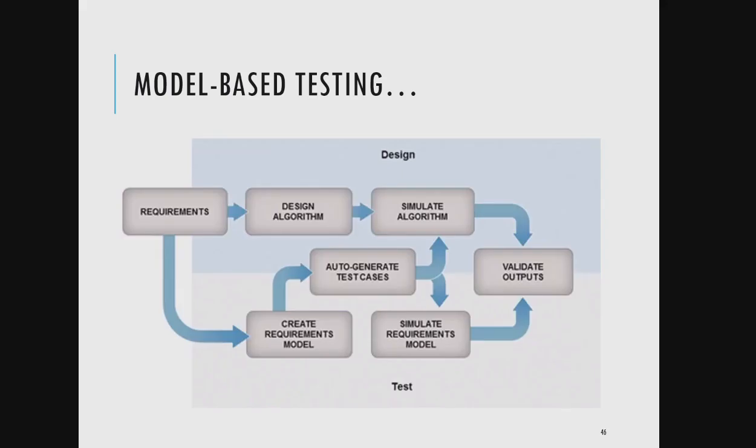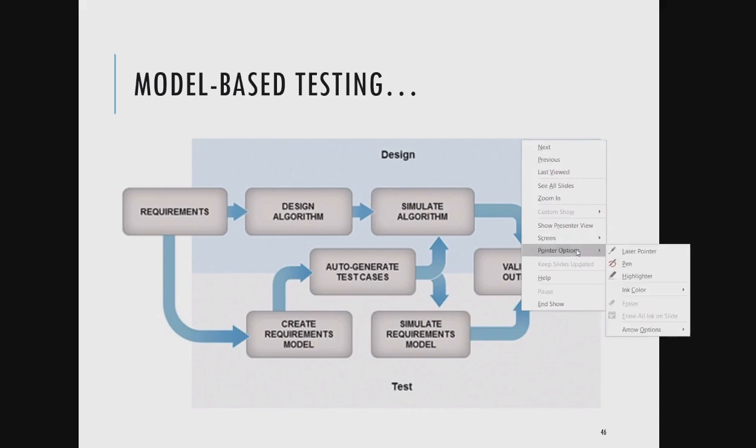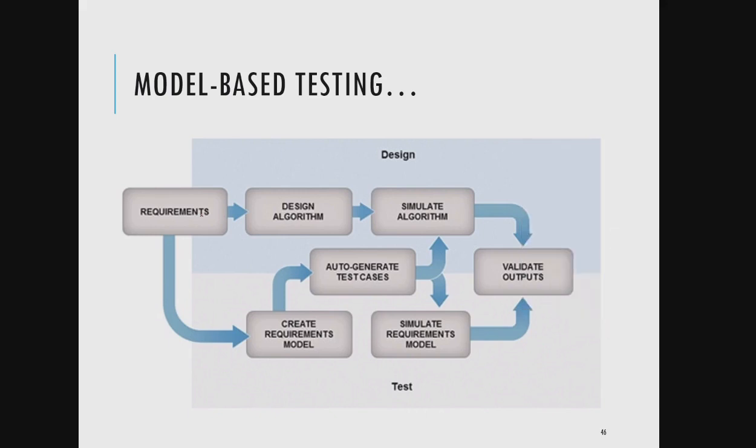Here is one more example. We have the requirement. In the requirement analysis phase, we did the requirement analysis, then we designed the algorithm, then we have some simulation software.